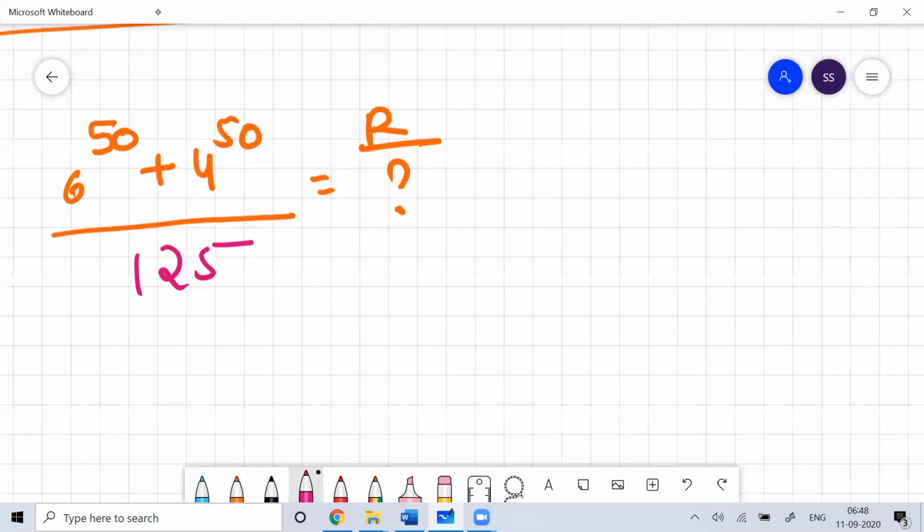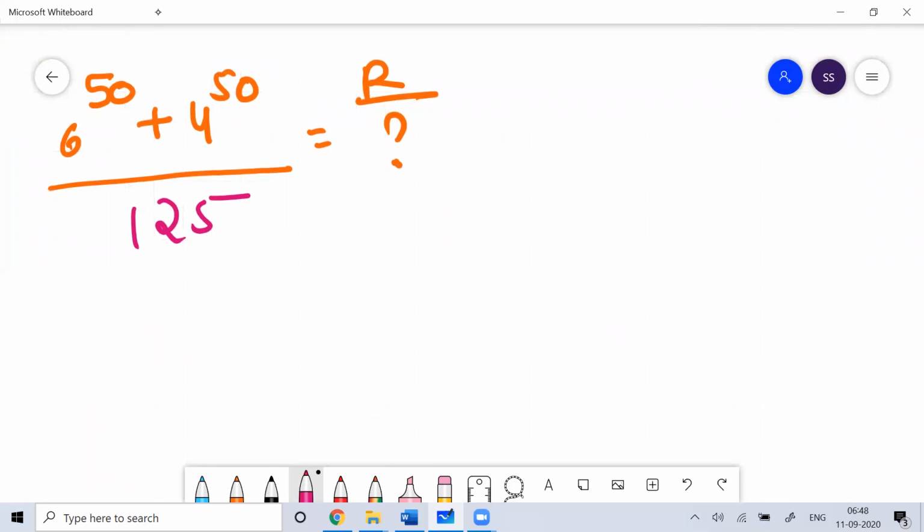I can write 6 as 5 plus 1, to the power 50, and in 125 the power of 5 is 3. So all the powers of 5 less than 3 would not be divisible by 125.